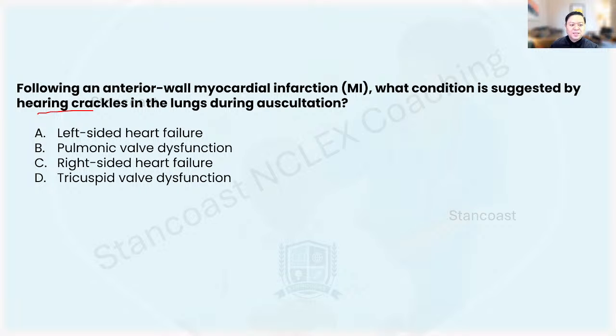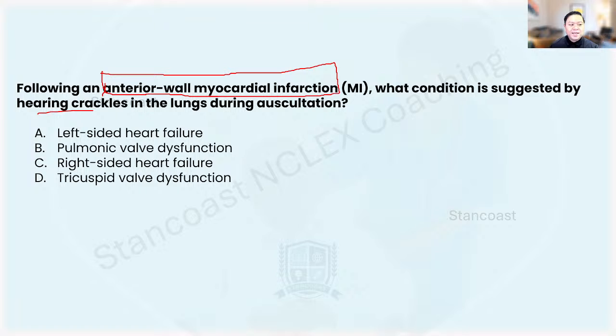And guys, take a look at the exact site, anterior wall MI. This is going to be your clue, because this will lead you into selecting that complication. So you have to remember the anatomical positions of those chambers and corresponding organs.